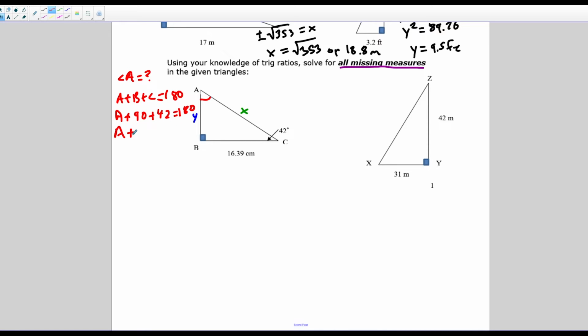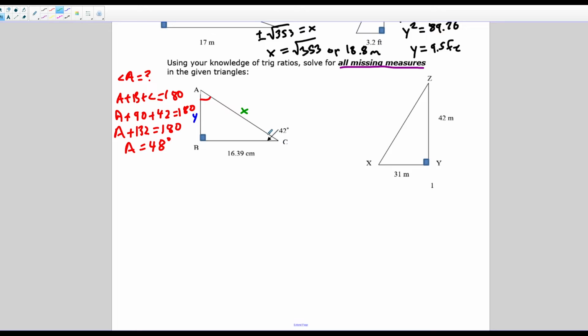So I have A plus 132 on the left-hand side. And then we're going to subtract 132 from both sides to isolate for A. And we end up getting A is equal to 48 degrees.